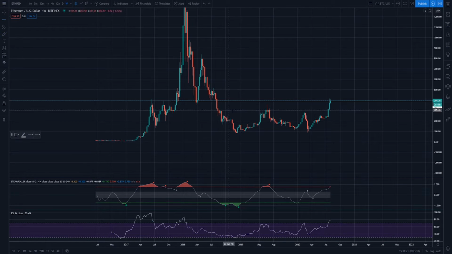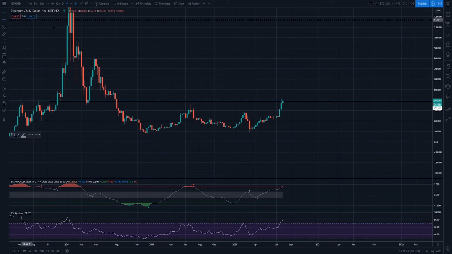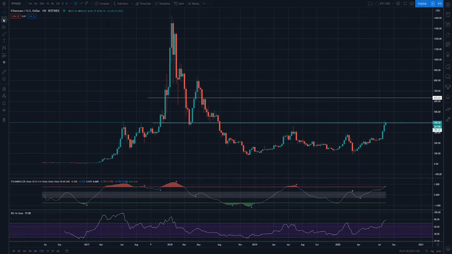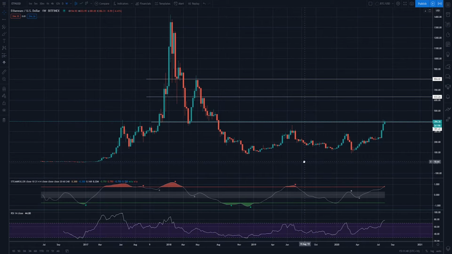If we're looking for some zones or levels in the future as resistance, it's a little bit harder to gather from this chart, but we'll make it work. You could probably have a look at this level here, and of course this level here, Ty, for resistance.